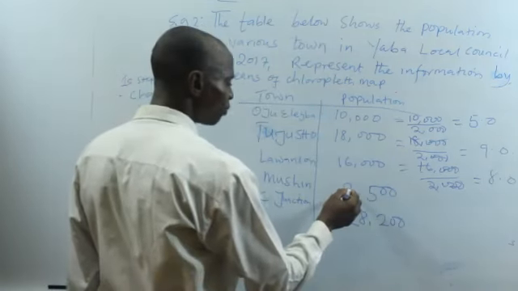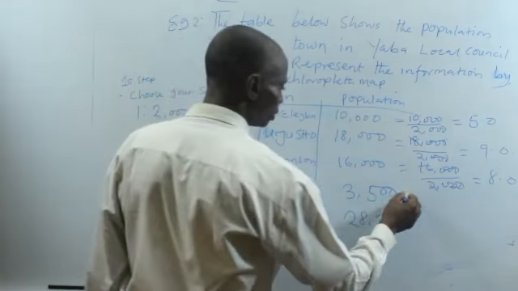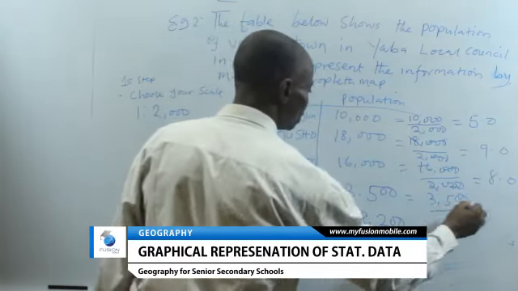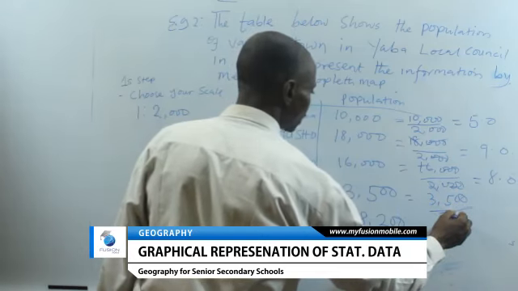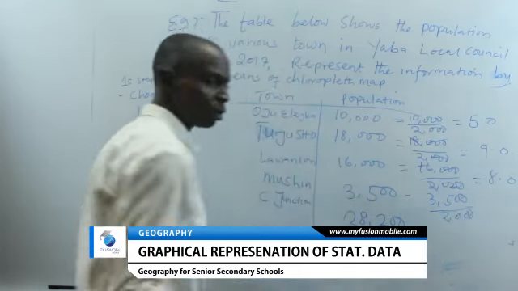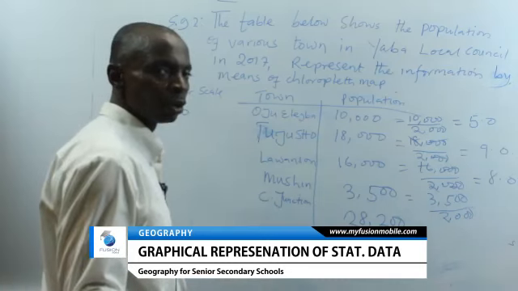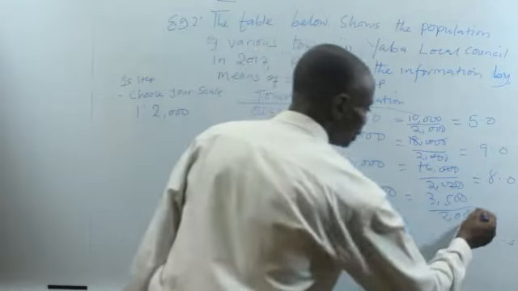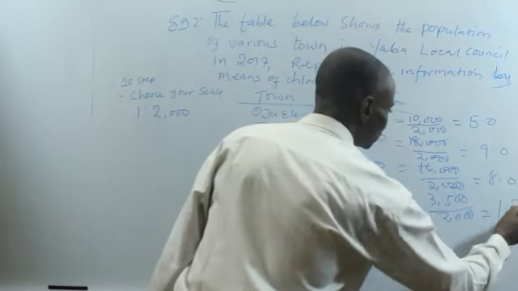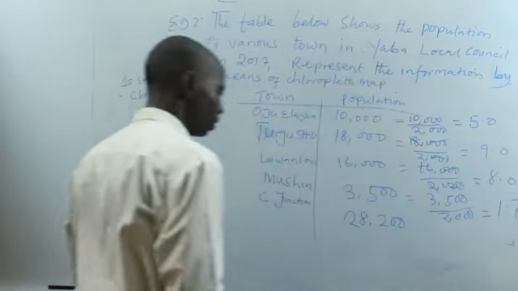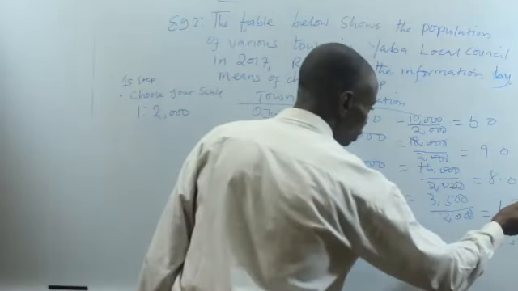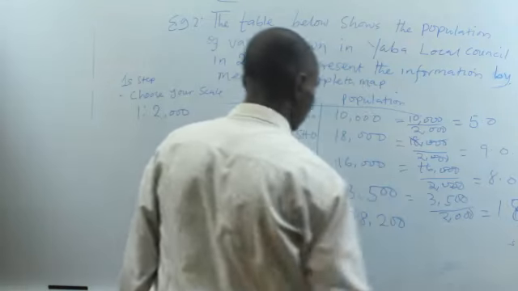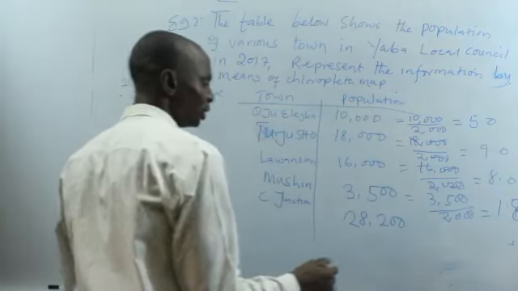Here we have 3,500. 3,500 divided by 2,000. Who can solve and give us the answer? Nobody? It is 1.75, or you can approximate it to be 1.8. Then we have 28,000.